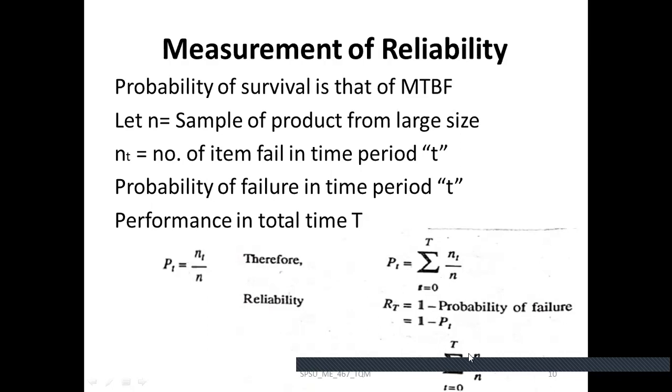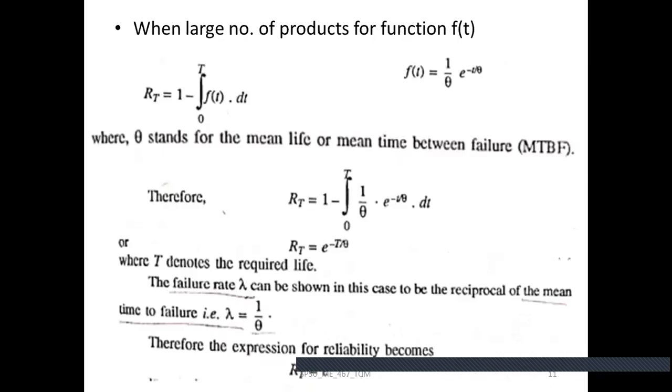So it can be written as Rt is equal to 1 minus summation Nt upon N. When there is a large number of products, it is represented with the function ft, so Rt is equal to 1 minus the integral from 0 to t of ft dt.